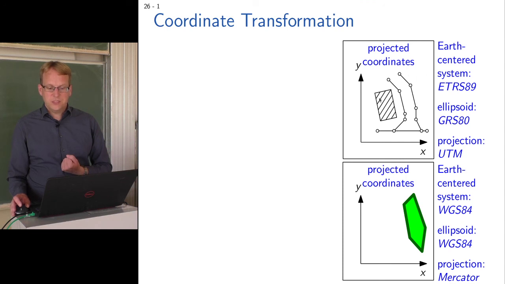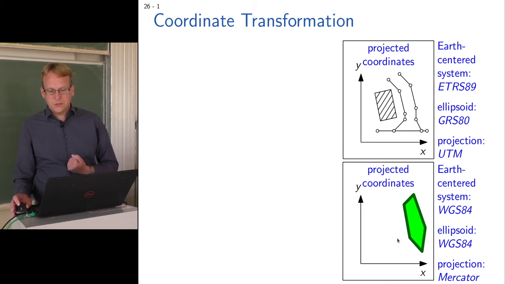Well, we may have a data set, this could be a German cadastral data set with building footprints and real estate boundaries. This would come probably in UTM coordinates corresponding to the ellipsoid GRS80 and the Earth-centered system ETRS89, the European Terrestrial Reference System from 1989.